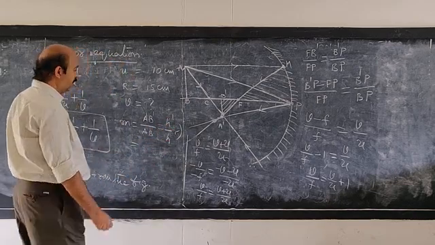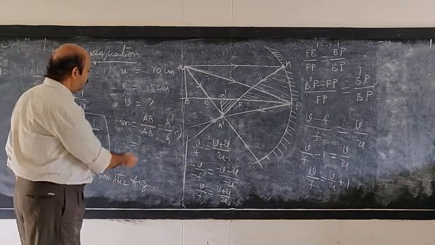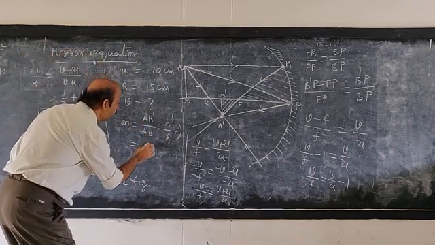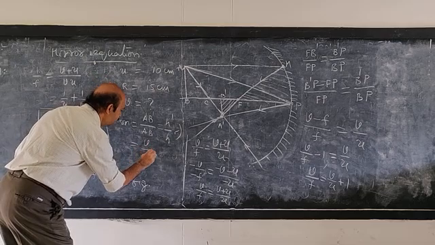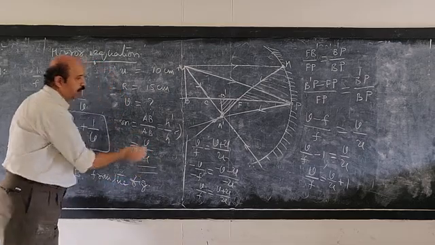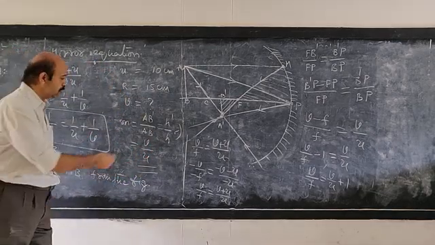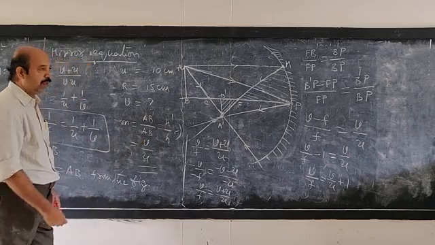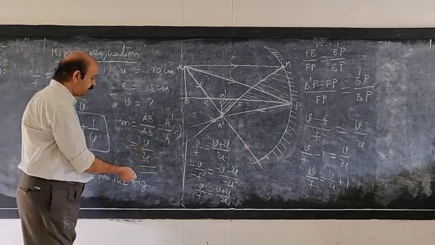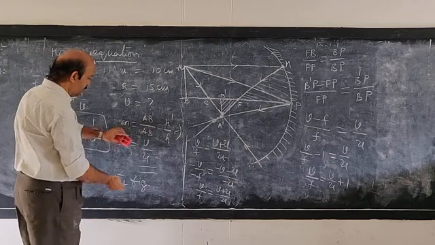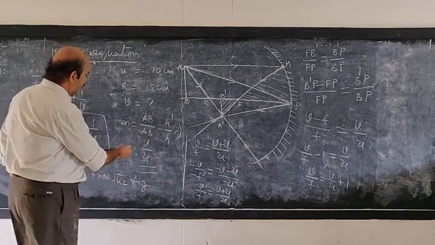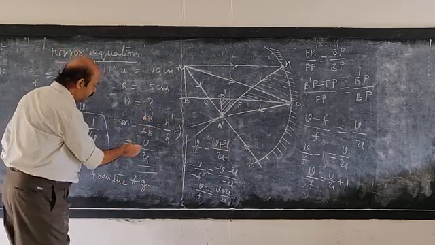From the geometry of the figure, you can easily show that this is equal to image distance by object distance, v by u, and you will be getting a negative sign if the image is inverted.